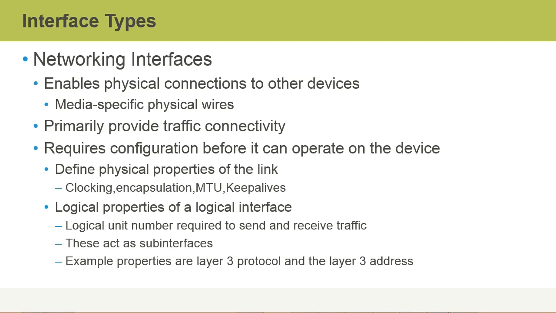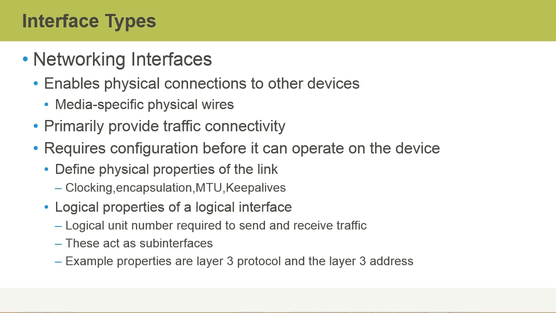Once you configure the physical properties, then you turn around and configure the logical properties of the logical interface associated with that link. So the first thing to note with these logical properties is there's a logical unit number that's assigned to the interface, and it allows the interface to send and receive traffic. These act as sub-interfaces, which is a term we're familiar with from other networking environments or other device manufacturers.